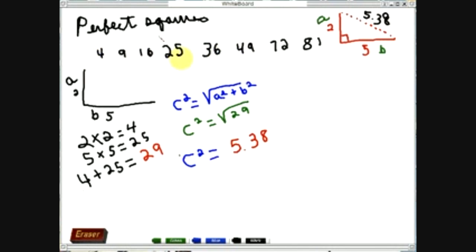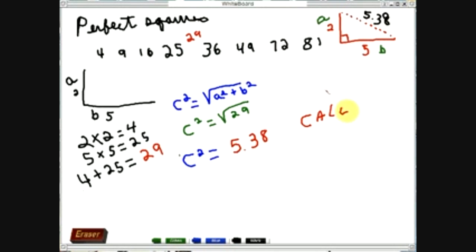These are perfect squares. You already know those to memory, at least to 81. And you say, okay, 29 fits in here. So that's going to give you a starting spot.